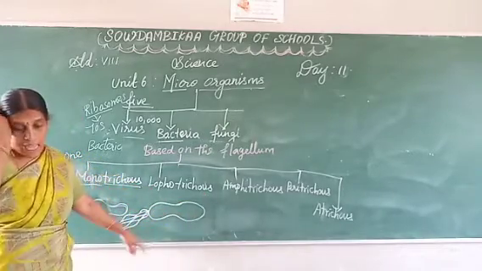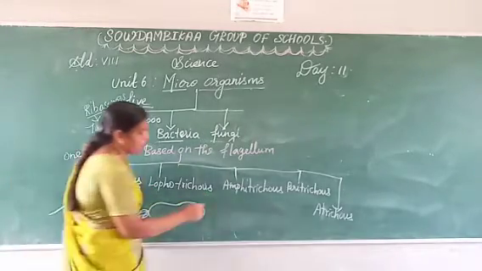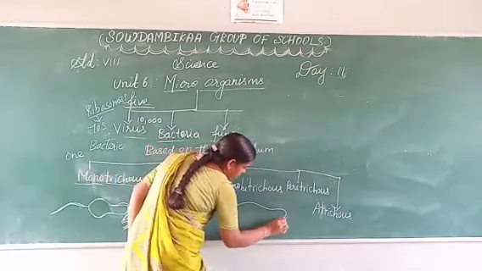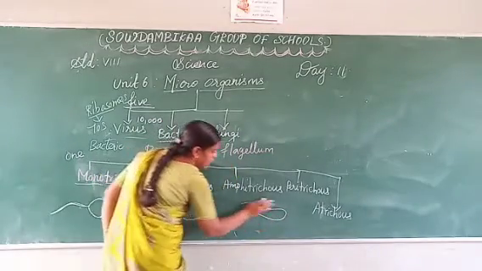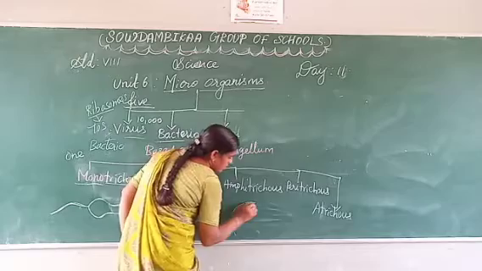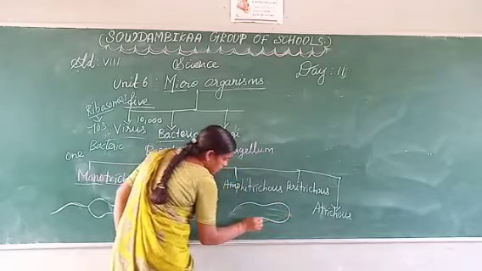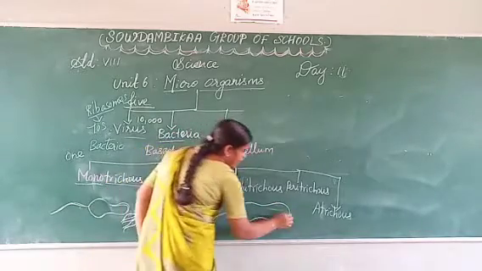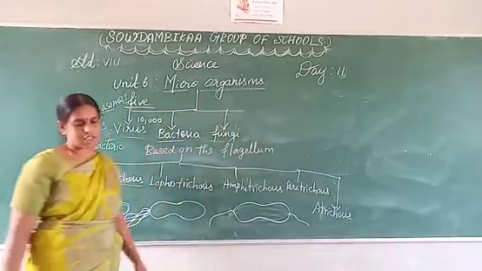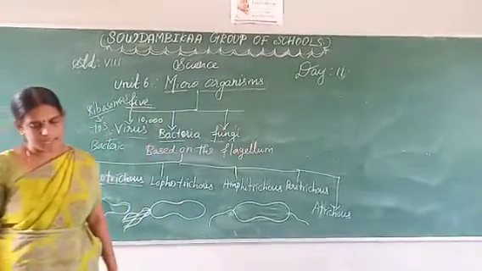Next one is the amphitrichous: the flagella at both ends, a tuft of flagella at both ends. That is called the amphitrichous.